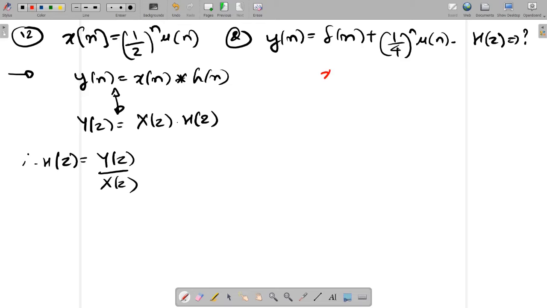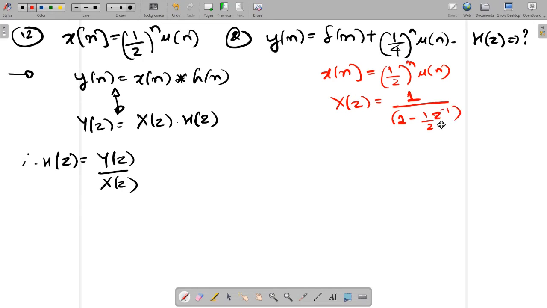I know what x of n is. X of n is half raised to n u of n. So what is X of z? 1 upon 1 minus half z inverse. I know what y of n is. Y of n is delta n plus 1 by 4 raised to n u of n. So what is Y of z?